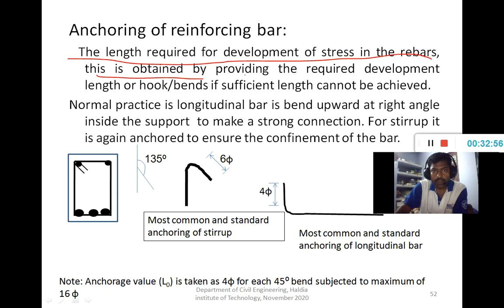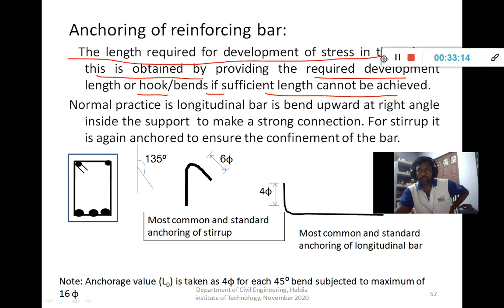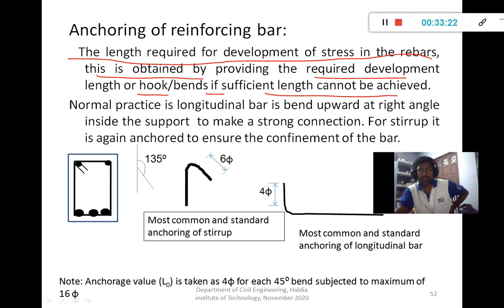This is obtained by providing the required development length, or a hook or bend if sufficient length cannot be achieved. If the development length is insufficient, anchors are used, and then the development length is also increased.